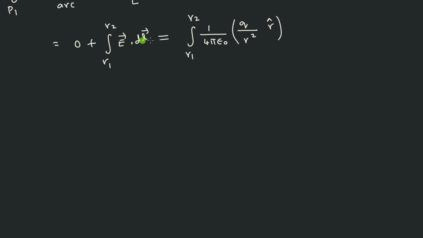So that is the expression for the electric field. Dot dl vector, this is the magnitude of dl multiplied by the unit vector.